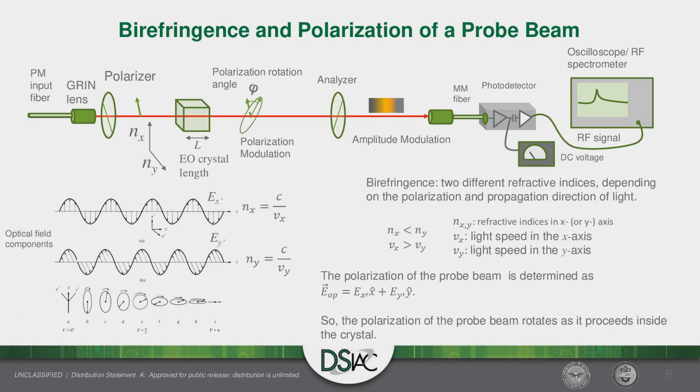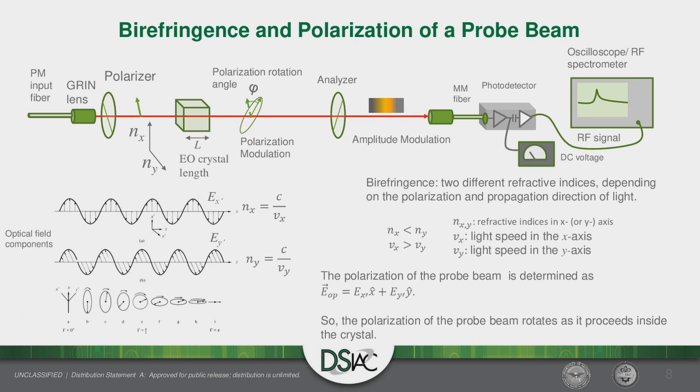Before I move on to the sensor itself, let me explain the underlying physics of the sensor. The key point is this: in the sensor there is an EO crystal, and the laser beam goes through the EO crystal. This laser beam is linearly polarized, at a 45 degree angle on incoming.